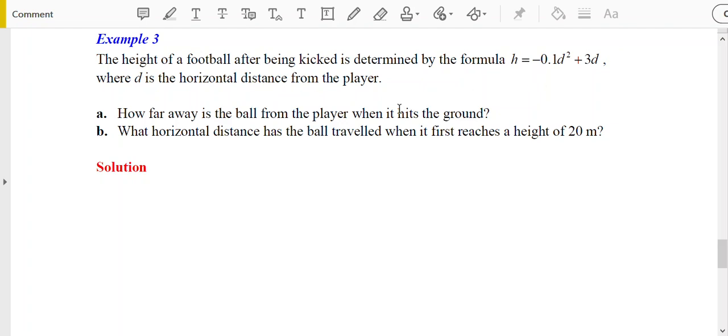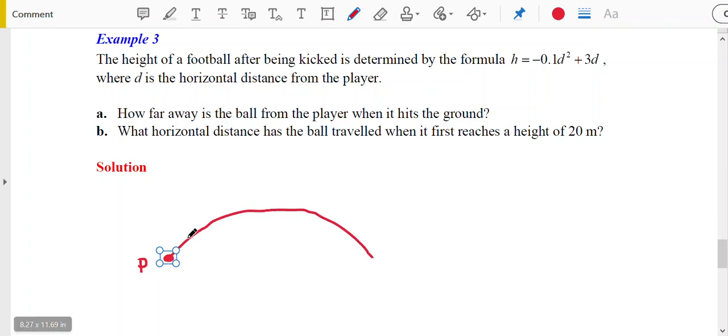But we could draw a little diagram of the situation to help us understand what's happening here. So this dot here is, I'll just say P is the player. So they kick a football in the air. So basically we want it to look something like this.